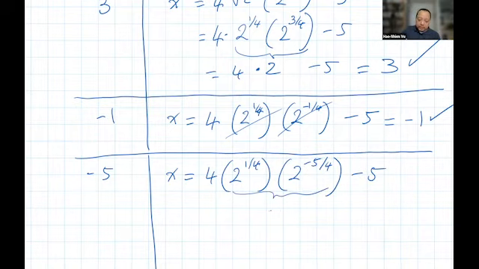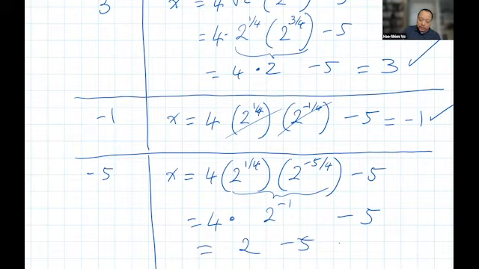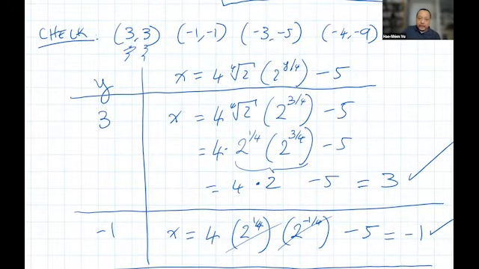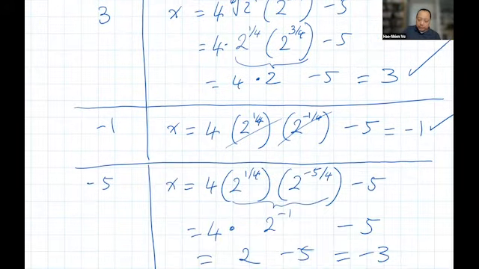These together make 2 to negative 1. 4 times 2 to negative 1 is equal to 2, minus 5 equals negative 3. Y equals negative 5, x equals negative 3, correct.